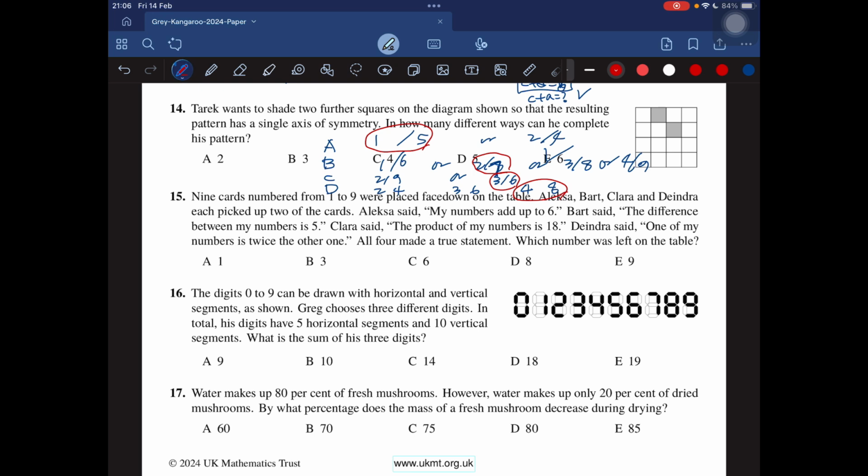So this can be the answer. Then 1, 2, 3, 4, 5, 6, 7, 8. So now we have 9 left. Let's find another example. So for example, 1 and 5, 3 and 8, 2 and 9.